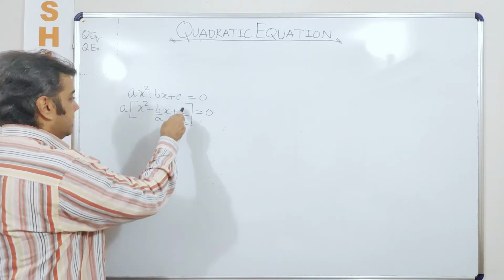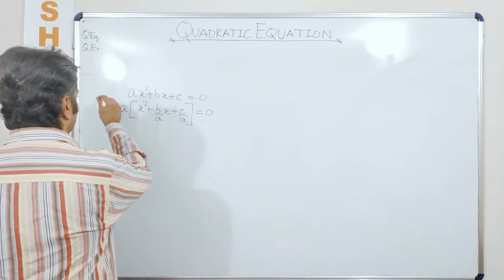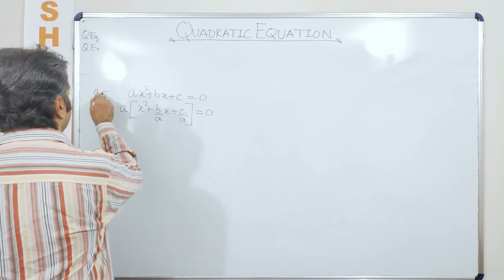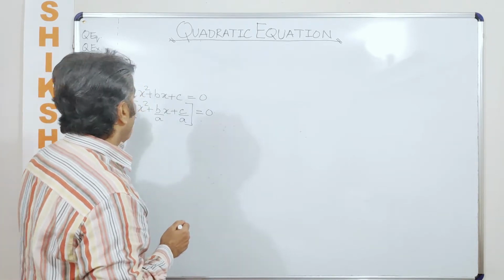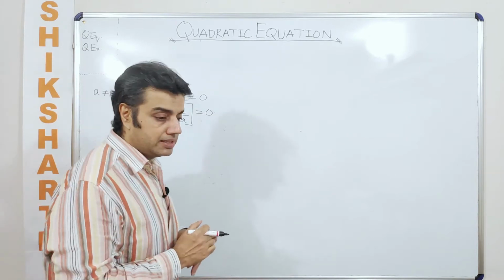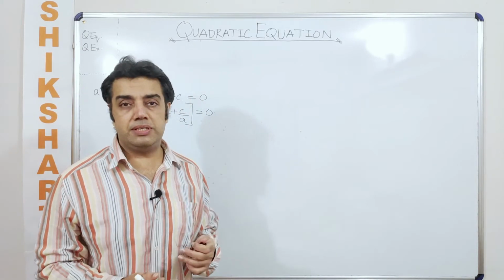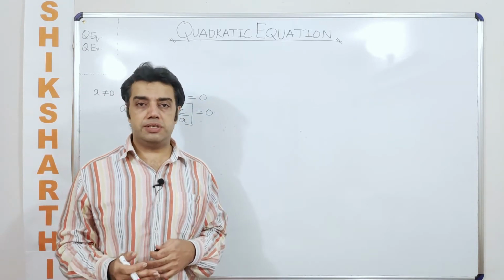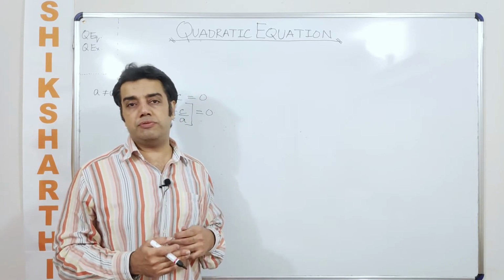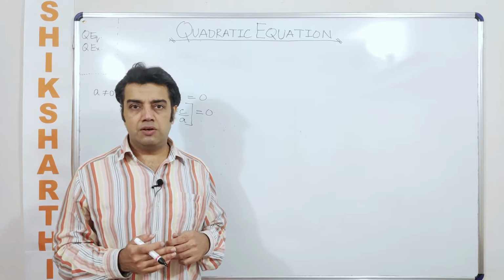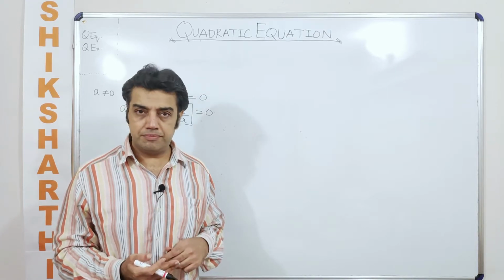So the basic condition here is that a should not be equal to zero. And as you're already aware, a, b, c are constant terms, or in other terms we can define them as coefficients of various powers of x. What is x here? A variable, right?